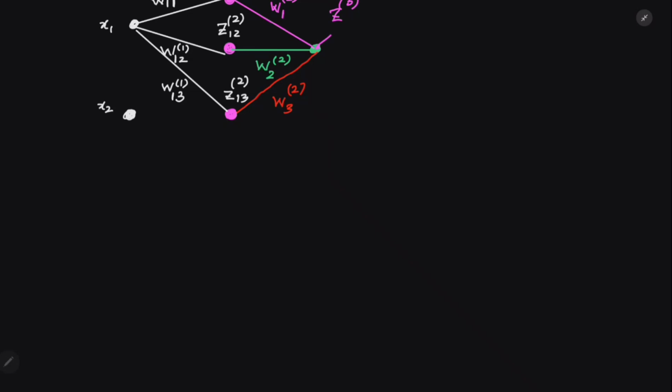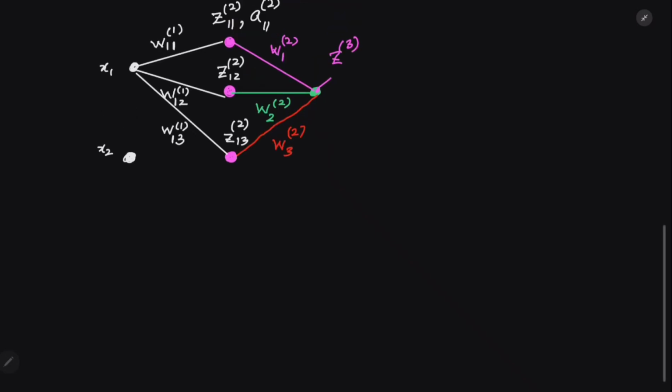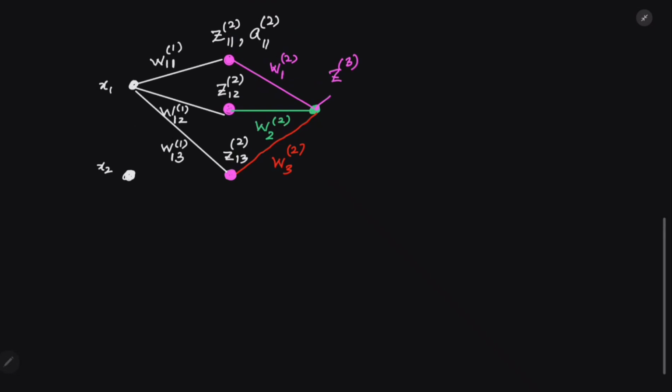So the first formula is for the multiplication. Suppose we have Wi, which tells us how many weights there are in the connections.